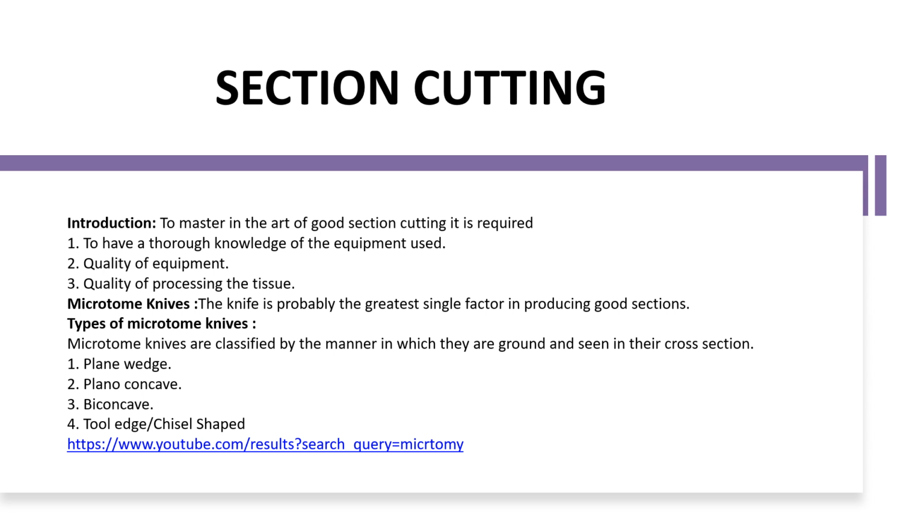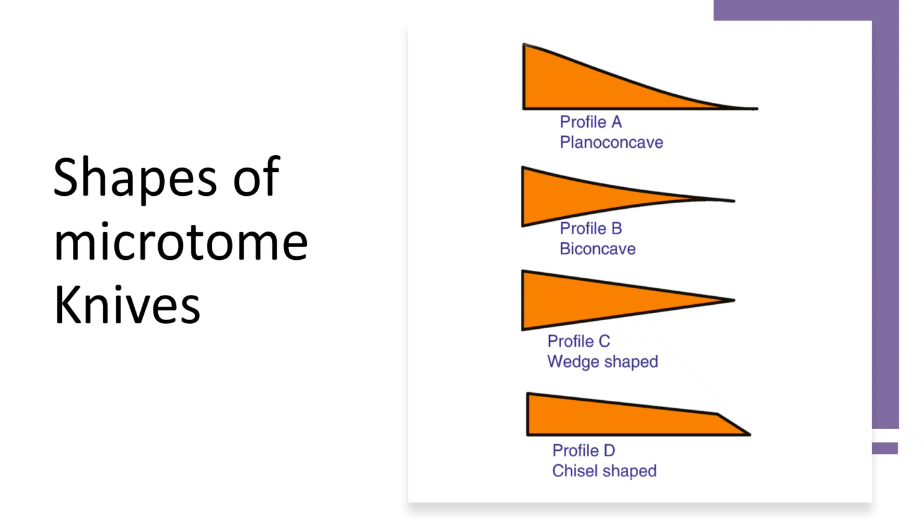Previously used microtome knives were of multiple types: plain wedge, plano concave, biconcave, and tool edge or chisel shape. The figure depicts various types of microtome knives which were used previously for microtomy.